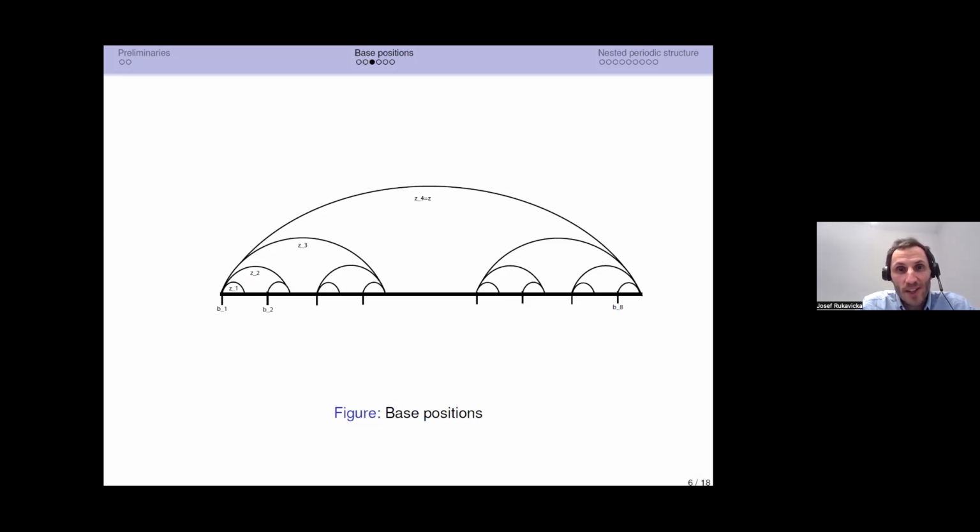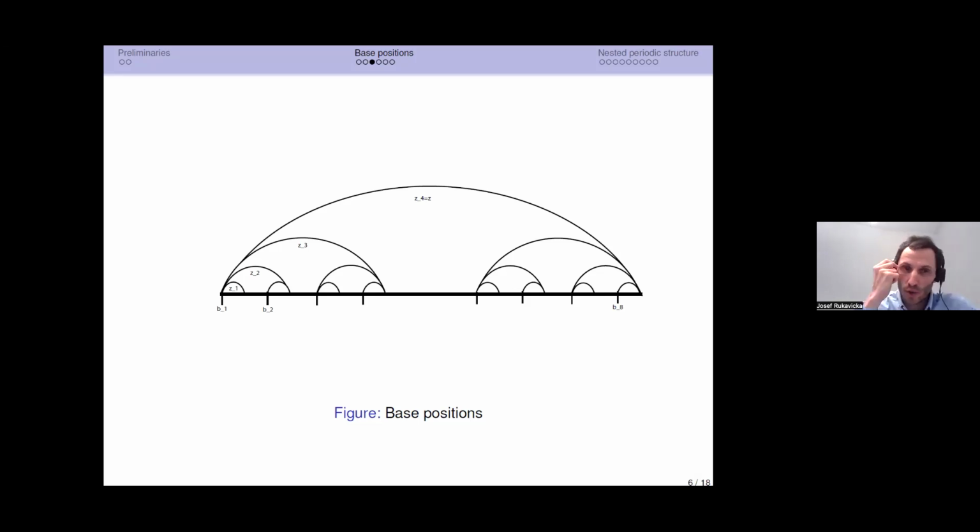And now I defined the starting positions of the shortest palindromic prefix of the Z1 of the letter. These are the base positions. So for this case, I have 8 base positions. I think it is clear.